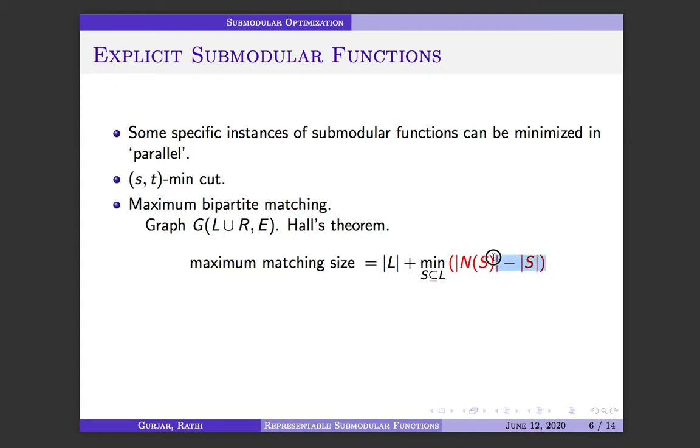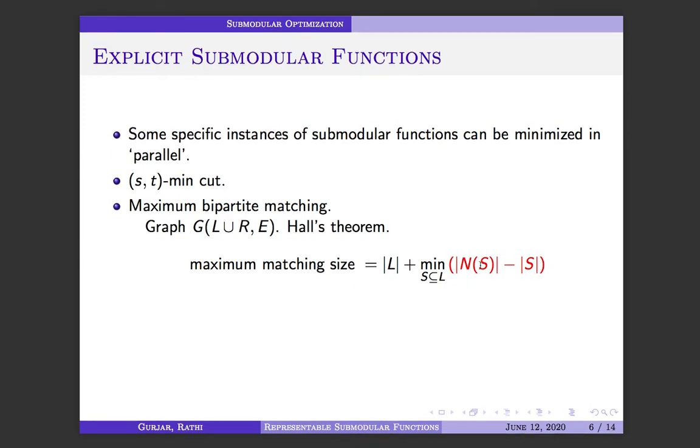For this function, the ground set is the left vertices of the bipartite graph, and for any set of left vertices, this function is simply the number of neighbors minus the cardinality of the set itself. It turns out that this function is submodular, and that's why the maximum matching question in bipartite graphs is equivalent to a submodular minimization question.